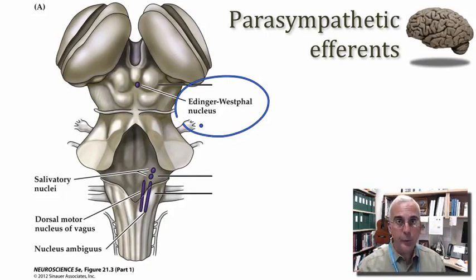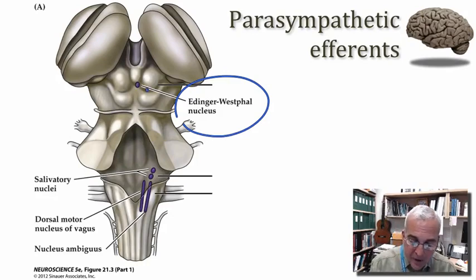Now, I hope you will recall that this is the small parasympathetic nucleus that's associated with the 3rd cranial nerve. This Edinger-Westphal nucleus is found just dorsal and a little bit lateral to the somatic motor neurons of the oculomotor complex. So we can find that in Sylvius, and I'd like to point that out in just a moment.